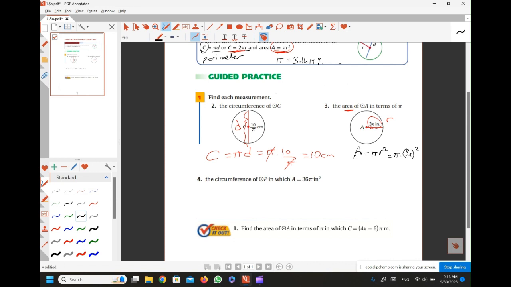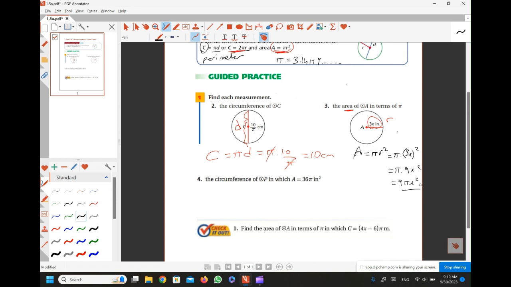So make sure that you put a bracket around it. When you simplify it, it is pi multiplied by 3 squared, 9, x squared. So bring the number in front, 9 pi x squared. The unit is inch. So this is your answer, 9 pi x squared.